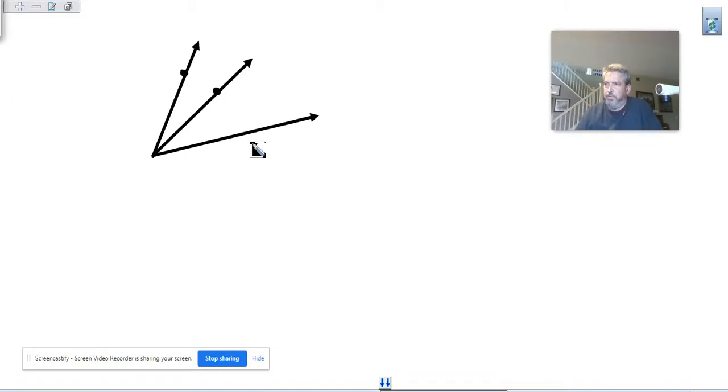And my computer doesn't want to draw those little dots. So forgive me. I'm going to put the dots on there for A, B, let's use the same letters, C, and D. Okay?